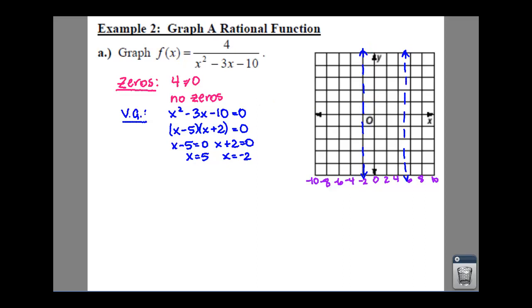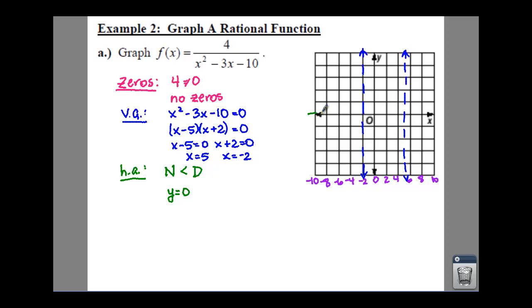Now we need to find a horizontal asymptote, your HA. That is where you look at the degree of your numerator and the degree of your denominator. If you notice, the degree of your numerator is less than the degree of your denominator, which means your asymptote is at y equals 0.